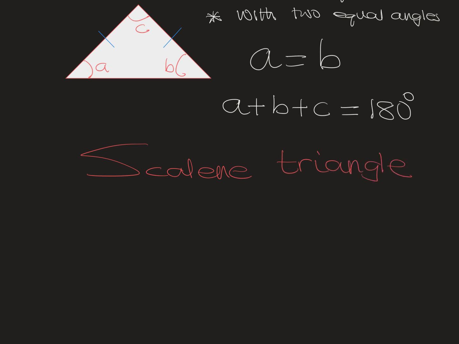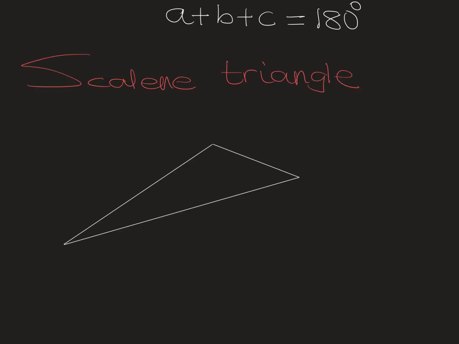So how do you have a scalene triangle? Let's try to indicate the shape here. This diagram is the shape of a scalene triangle. And if you can realize that none of the sides is equal, and therefore the angles will also not be equal. So what can we say about it?